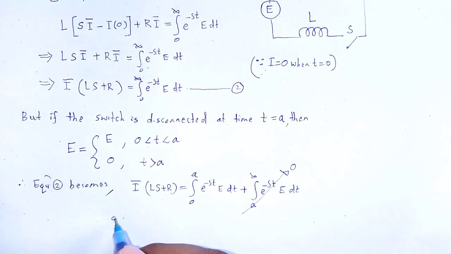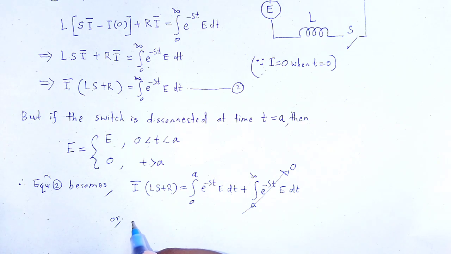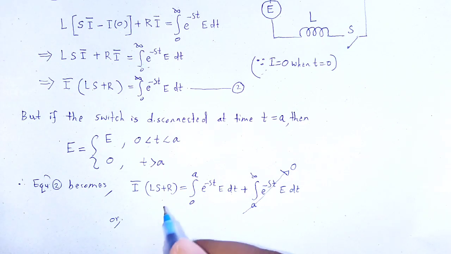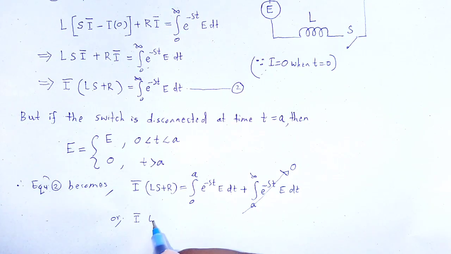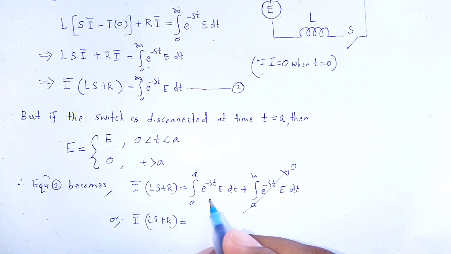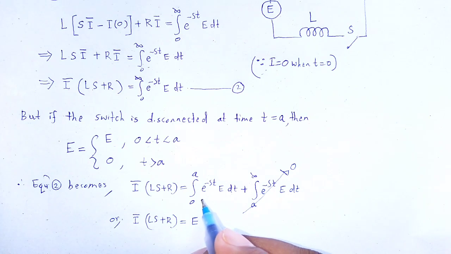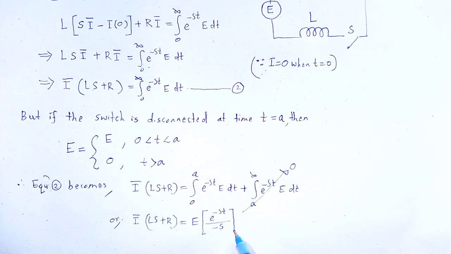Therefore, we have I bar times Ls plus R is equal to E, as a constant, and its integration results in e to the power minus st divided by minus s using the limit from 0 to a.